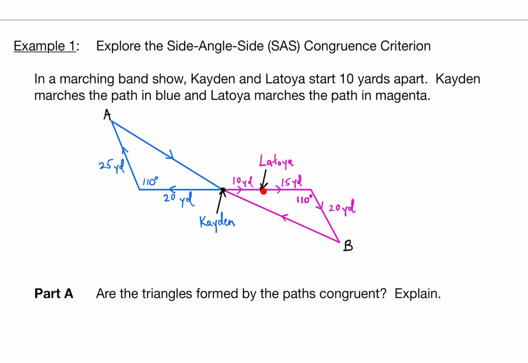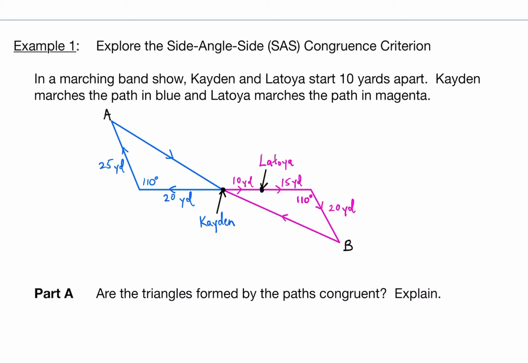Then Latoya moves in this direction at 15 yards, and then at 110 degrees, moves 20 yards in this direction, and then moves to where Caden started, and then returns to where she started by moving 10 yards. So those are the respective paths.